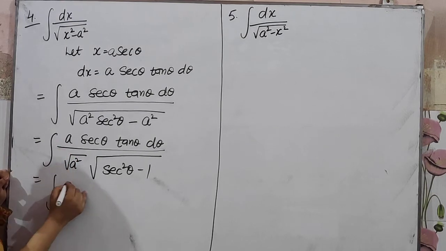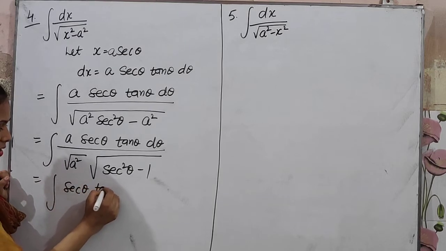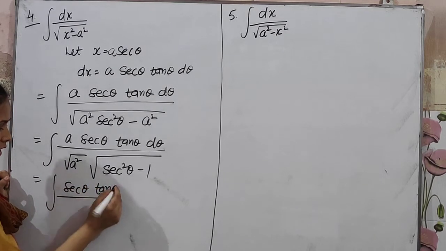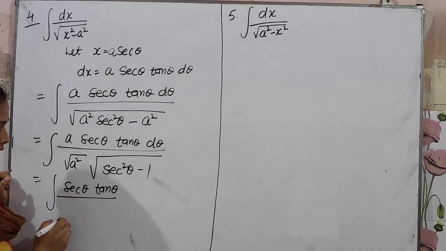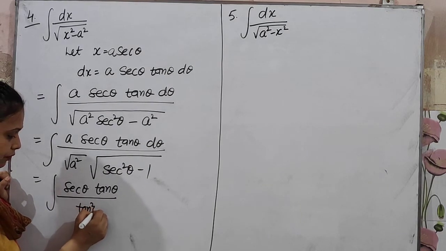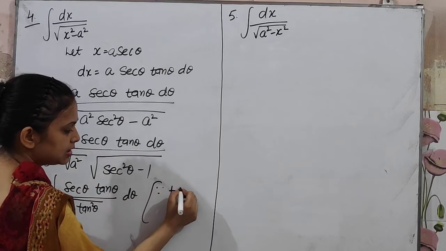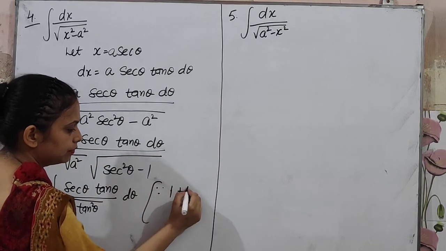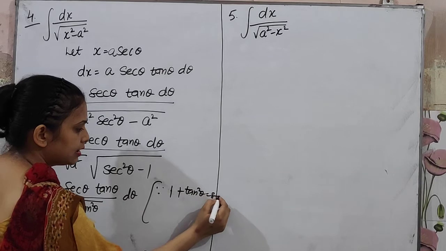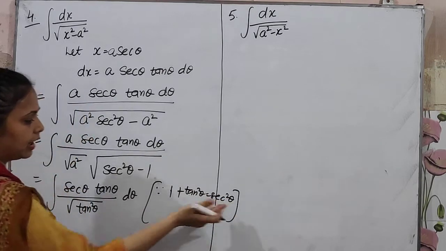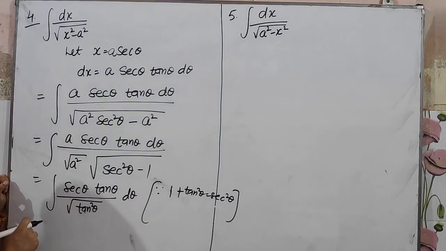So we have secant theta tangent theta divided by under root of secant square minus 1, which is tangent square theta, d theta, because 1 plus tangent square theta is equal to secant square theta. So taking 1 to the right side, it is secant square minus 1 equals tangent square theta. Now square and square root are together.